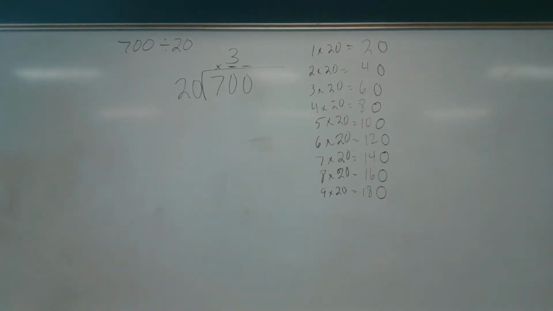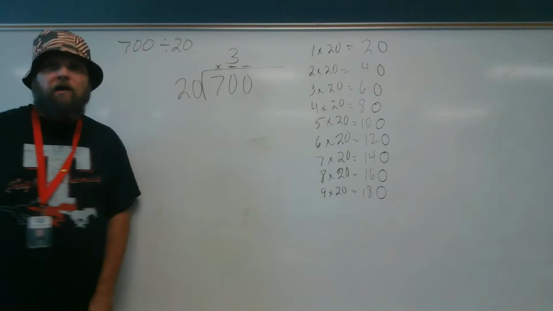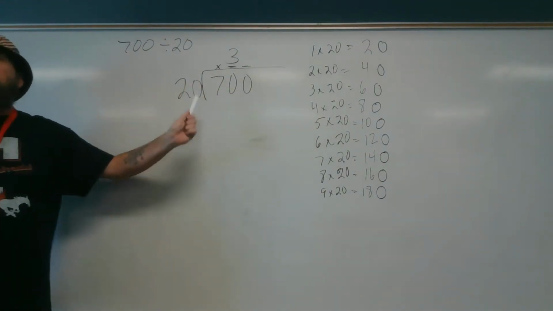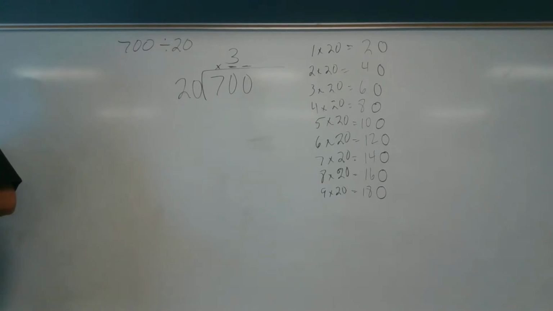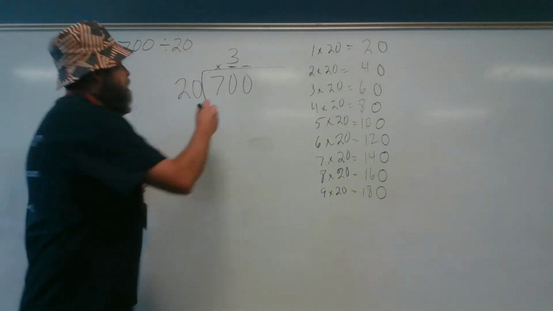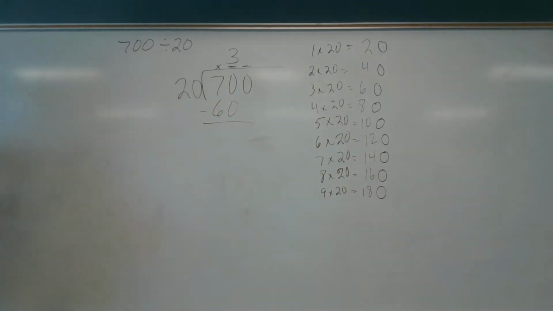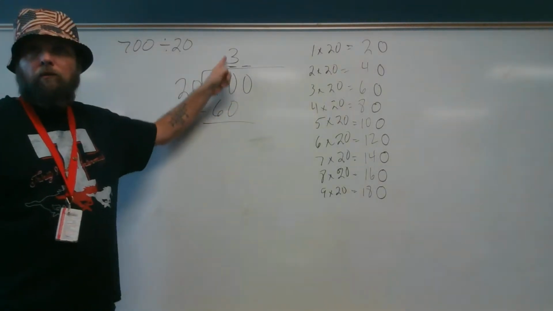If I look at that blue thing, it says first we divide, so we divide it into 70, then we multiply. Trent, 3 times 20 is? 60. And since I'm dividing it into 70, it's very important that that 3 goes right above this 0.